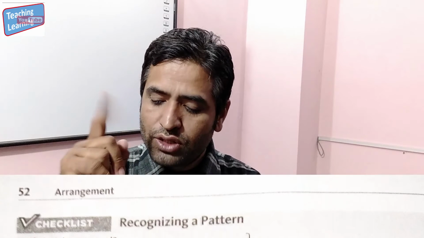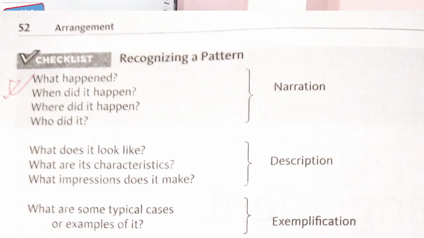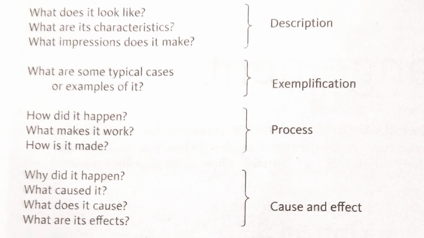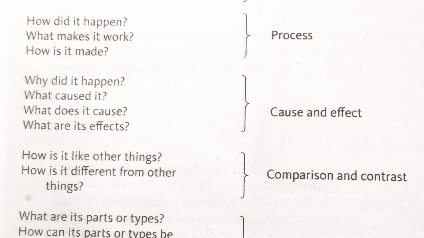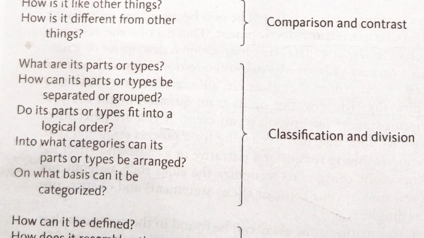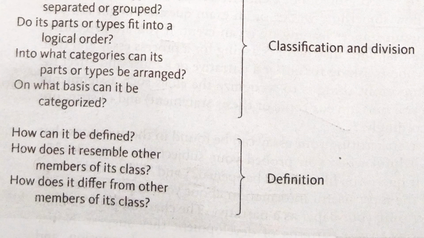Number one is narration, description, exemplification, process, cause and effect, comparison and contrast, classification and division, definition. 1, 2, 3, 4, 5, 6, 7, 8. There are 8 types of writing patterns that you need to follow when you arrange your ideas.